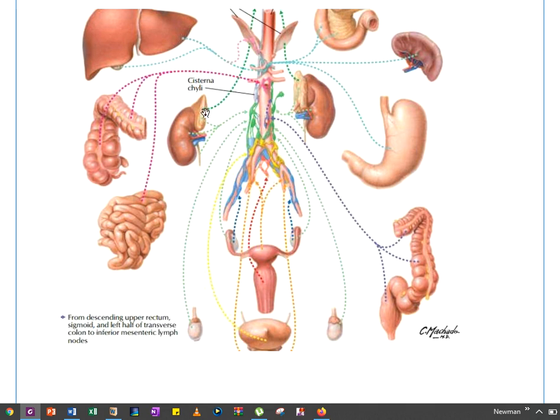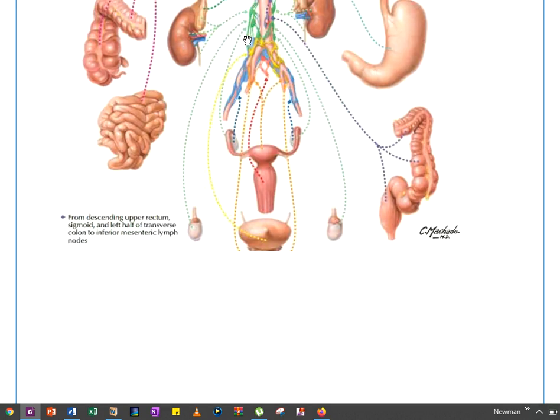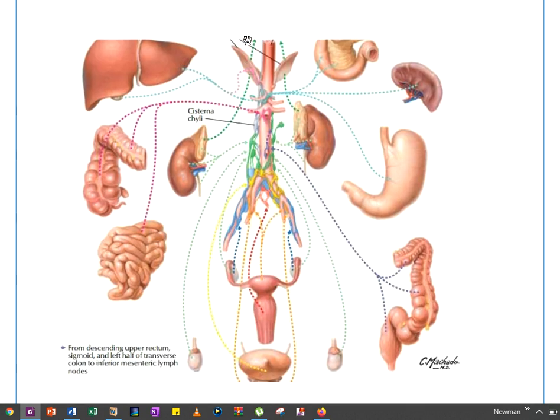As far as adrenal gland, you can see some part, the inferior part of the adrenal gland, drains here around inferior vena cava and the aorta, but the superior part drains up even to the point of the thorax. So it's not surprising to see tumor of adrenal gland moving up to the thorax as a first metastatic region.